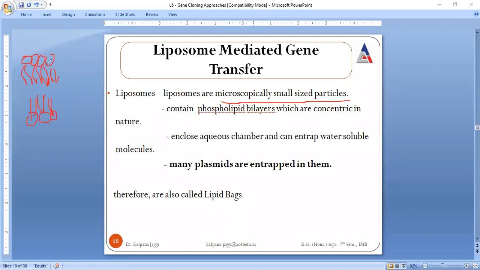That means the water soluble part will be on the inner side and the water insoluble part is going to lie as heads on the outer side.